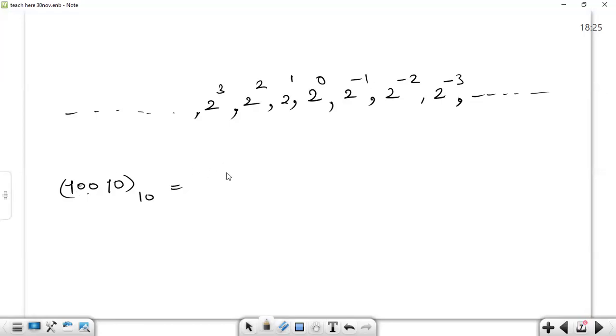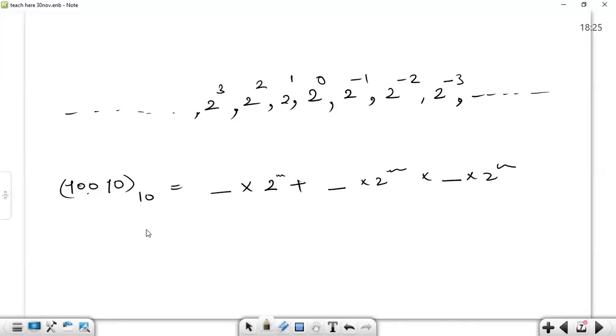Okay, but now let's discuss what multiples of these powers, whatever power we will require, any power of 2. So how this can be written in the multiple of 2's power, and then we'll be able to find out its binary number.